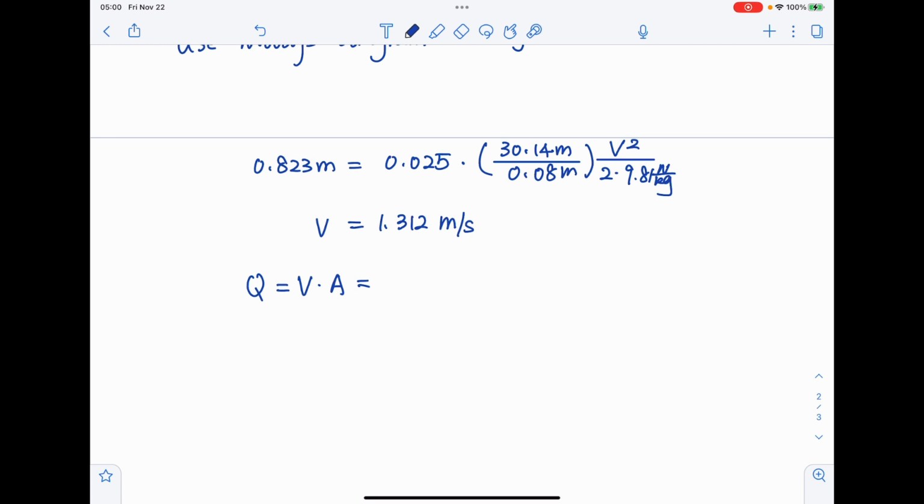So it's 1.312 meters per second times pi over 4 times the diameter 0.08 squared. So it should be 6.59 times 10 to the negative 3 cubic meters per second.